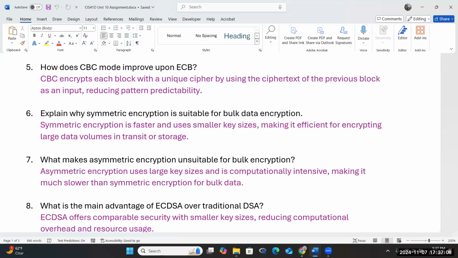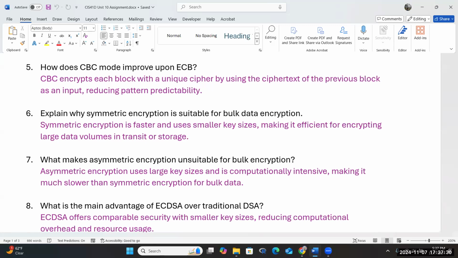So in asymmetric encryption, we know that we use a public and a private key, right? You would use one key to encrypt and the other key to decrypt. That means that when you set this up, you have to generate 2 keys. So already in that process, we know that the 2 keys need to be transmitted or stored.